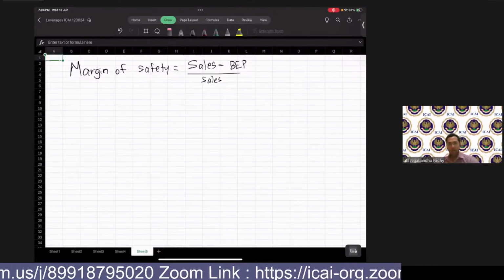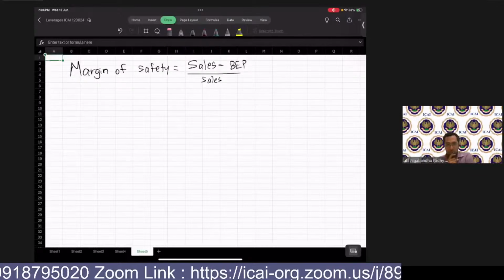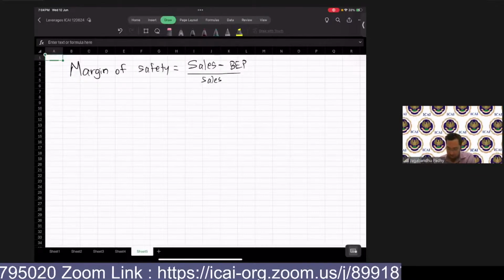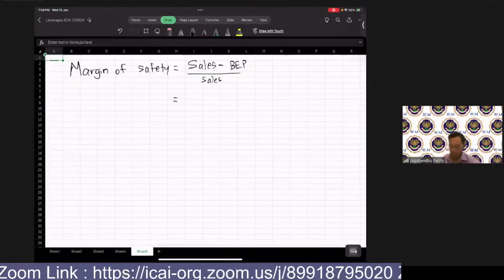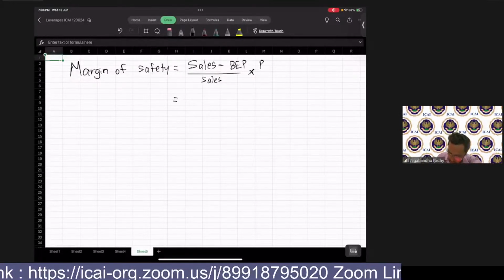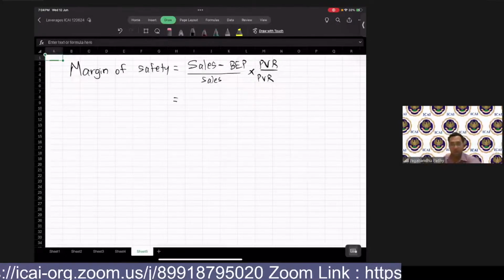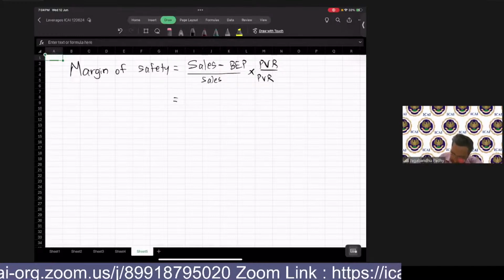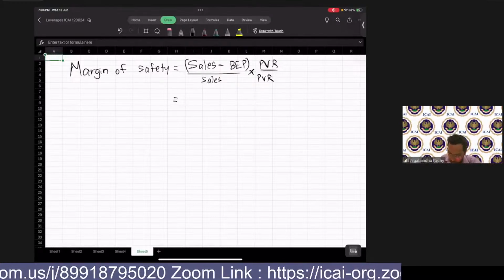And in this same formula, we are just going to do a bit of simplification with arithmetic. Let us say I'm multiplying PV ratio in the numerator as well as the denominator.